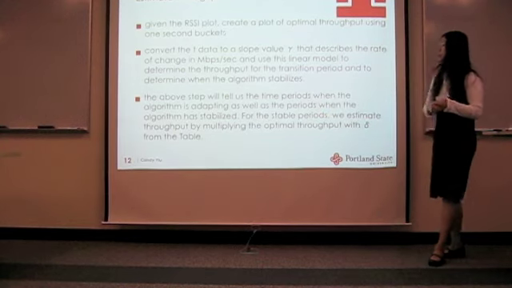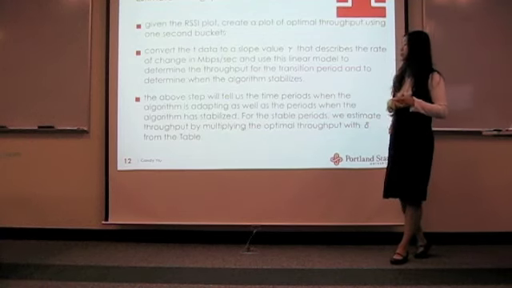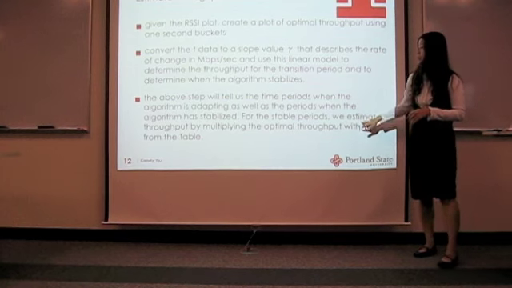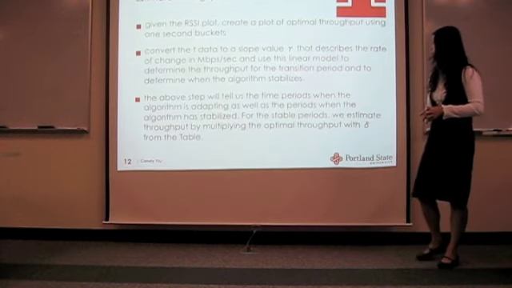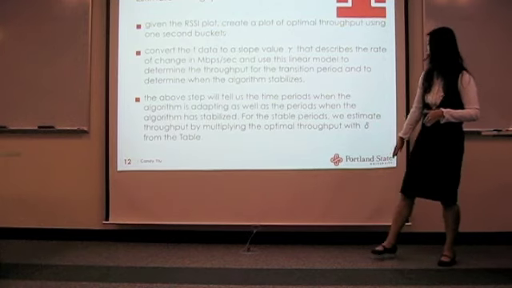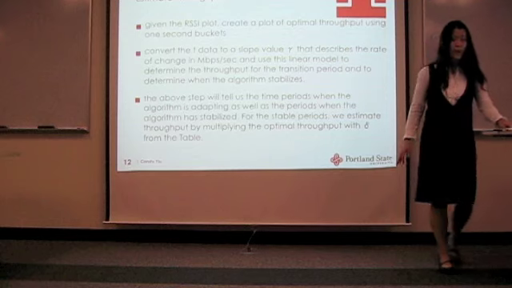So the above step will already tell us the time period when the algorithm is adapting, as well as the period when the algorithm is stable. For this stable period, we estimate the throughput by multiplying the optimal throughput by the delta that we used.